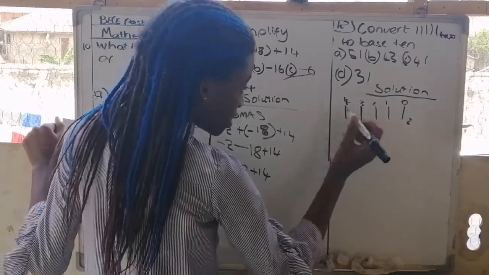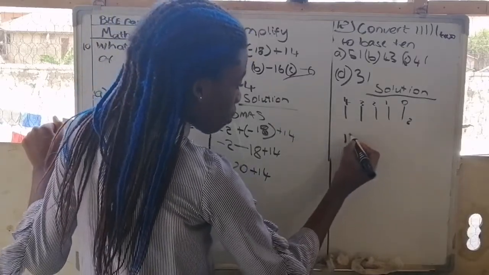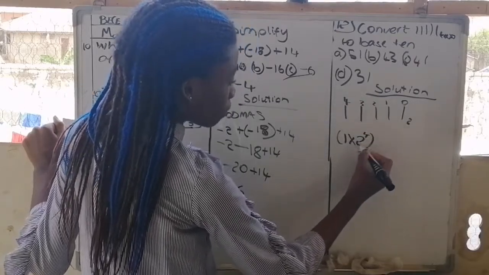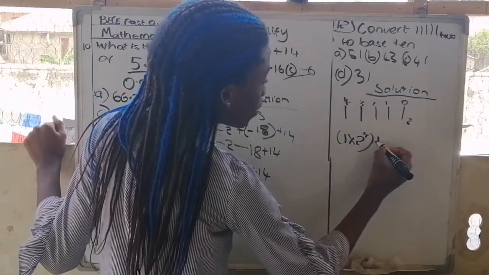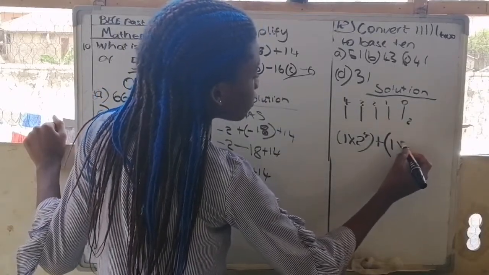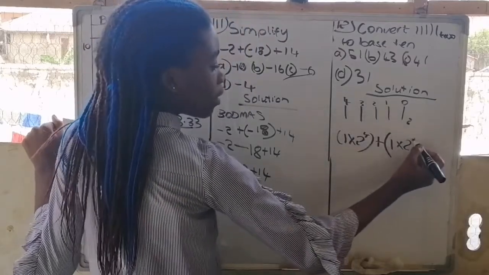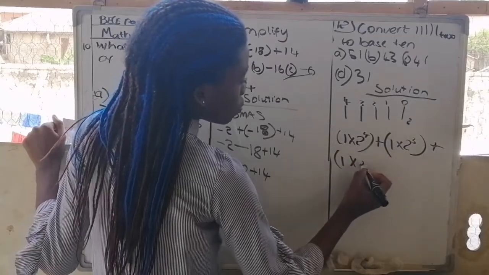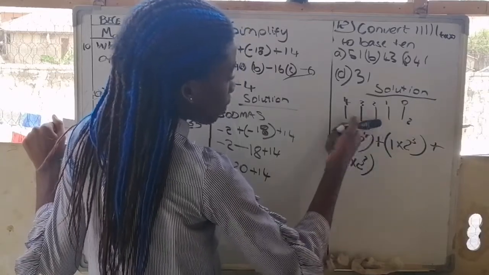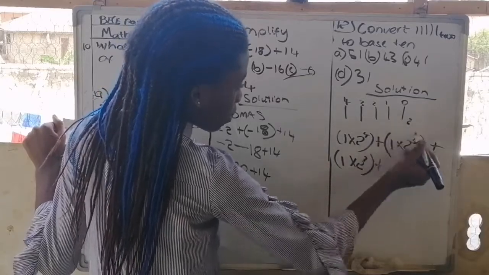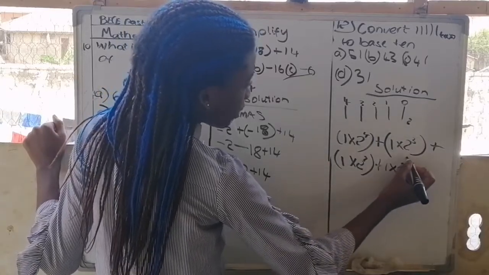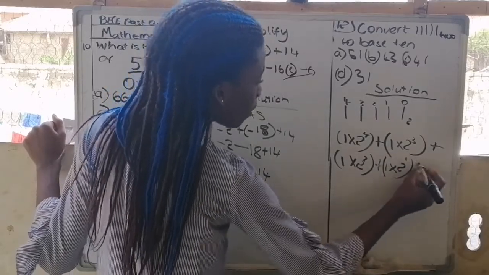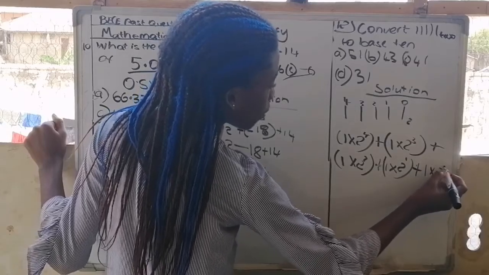Then now we'll multiply it by the base. 1 times the base, which is 2, all in bracket raised to the power of 4, plus 1 times 2 raised to the power of 3, all in brackets, plus 1 times 2 raised to the power of 2, all in brackets, plus 1 times 2 raised to the power of 1, all in brackets, also plus 1 times 2 raised to the power of 0.